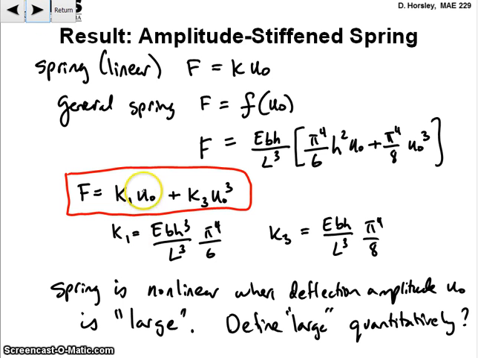We can think about this spring force as consisting of a linear force term and a nonlinear force term. Let's figure out when the nonlinear force term and the linear force term are similar. We could write that F is equal to the linear force plus, let's call it, F cubic. Let's figure out what that ratio is.